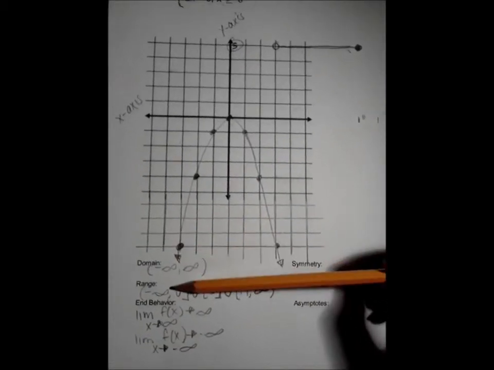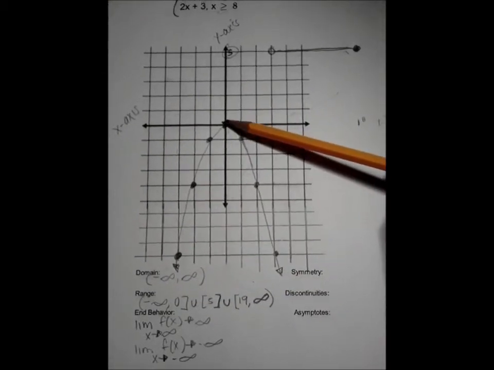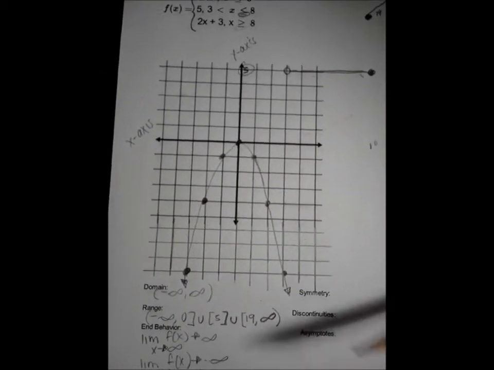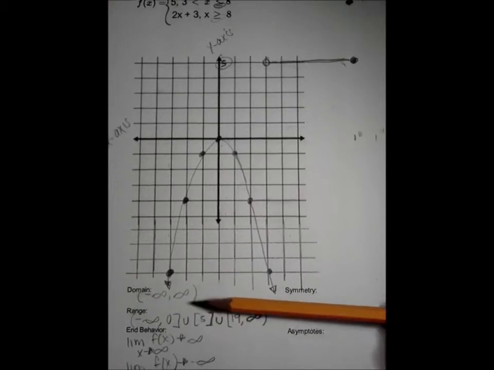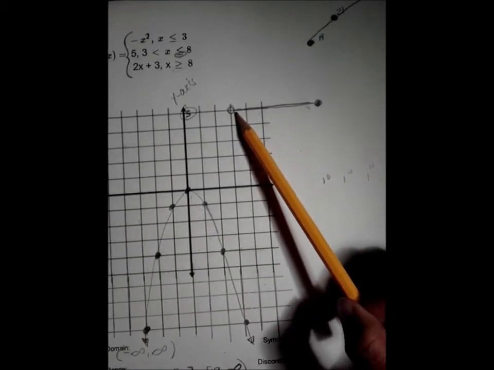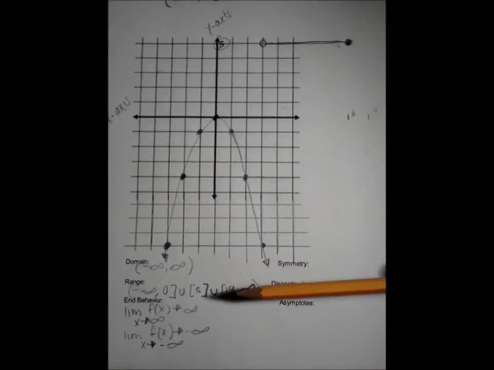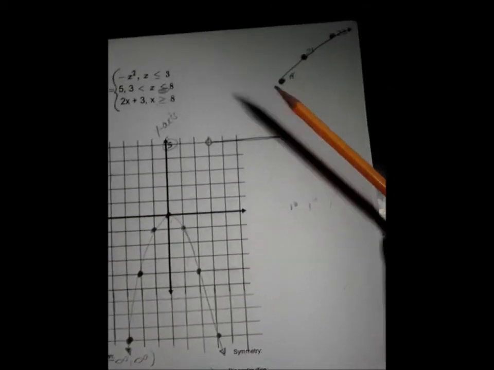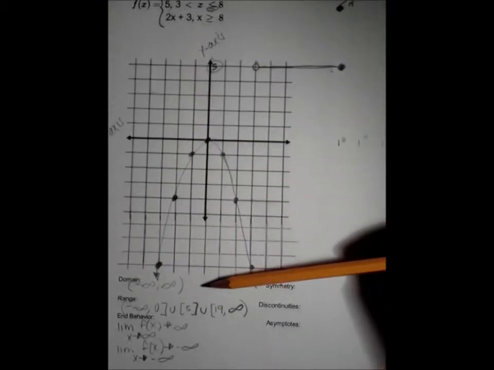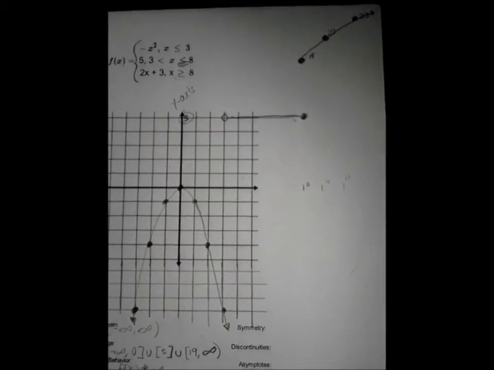For the range, in this case, it's going from negative infinity down here all the way up to 0. There's a bracket at 0 because it can be 0, as you see from the filled in circle. Next is a break, and then it goes to 5, and only 5 because it's a constant. And then there's a break. And then it goes up to 19, and there's a bracket because it can be 19, and then it goes all the way up to infinity, and it keeps on going.